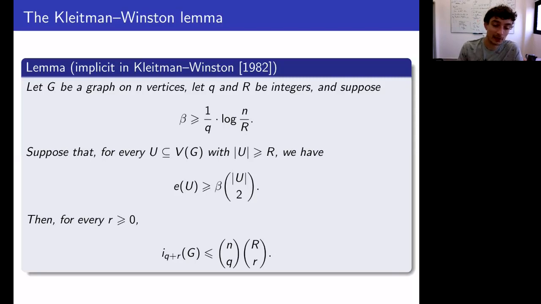And the idea here is that in applications, we take r somewhat larger than q, so that this first term, n choose q, doesn't matter, and we bound the number of independent sets by r choose r. So instead of having a bound of n choose r roughly, we have a bound of r choose r, if we assume that every set of size at least r is somewhat dense. So this is the statement.